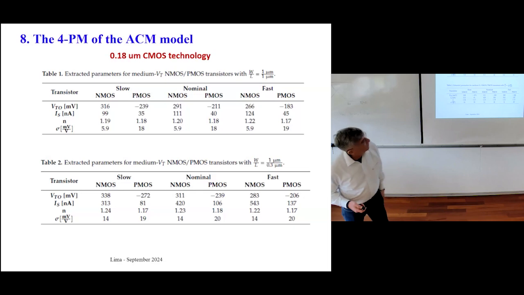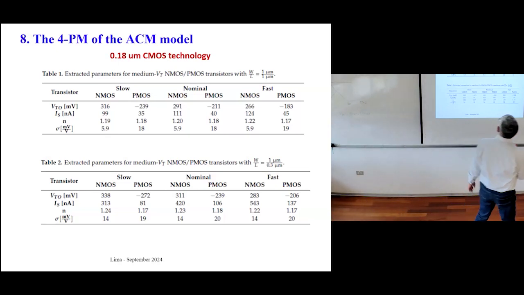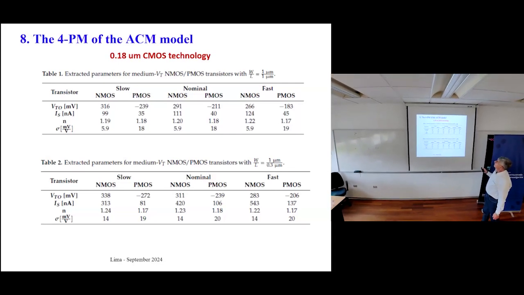In the CMOS technology, the main components are the NMOS device and the PMOS device, NMOS transistor, PMOS transistor. For this technology, we extracted the parameters for a transistor which has a width of 1 micrometer and a length of 1 micrometer.